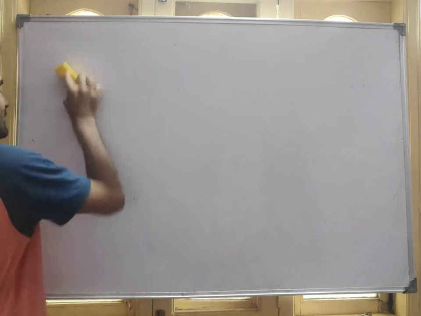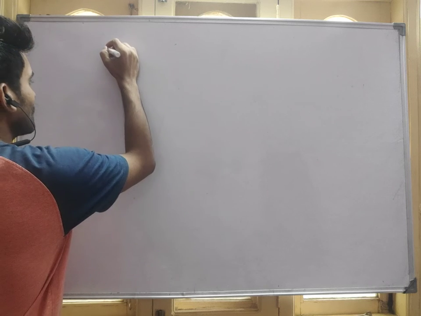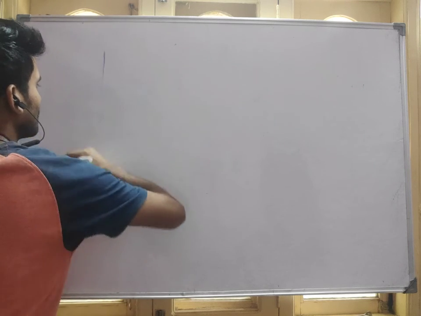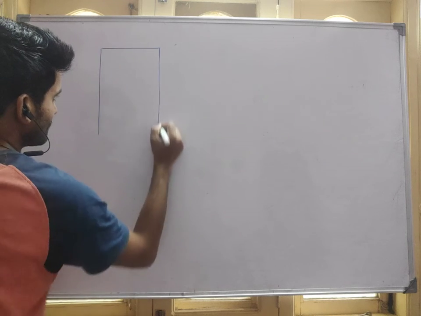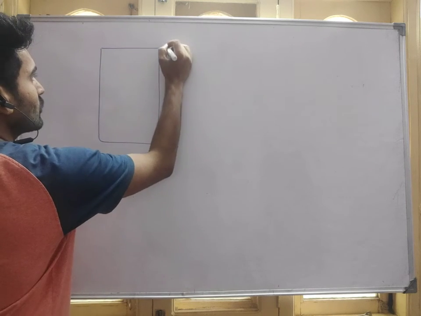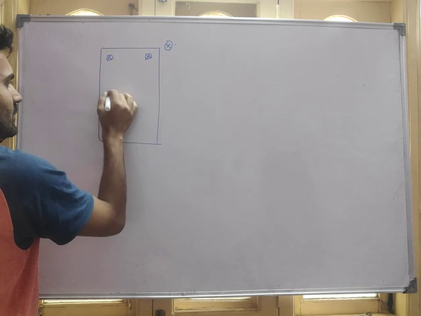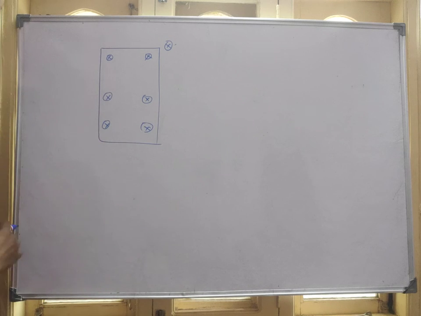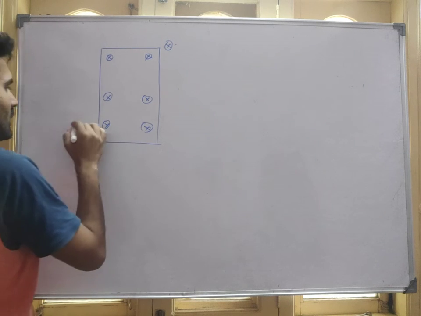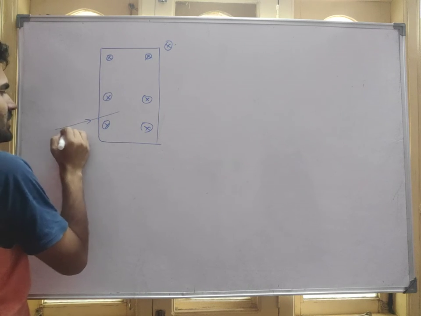Write down the question, guys. This is the magnetic field going inside. So the magnetic field is inside like this, right? Okay. So a particle is moving with some velocity v.